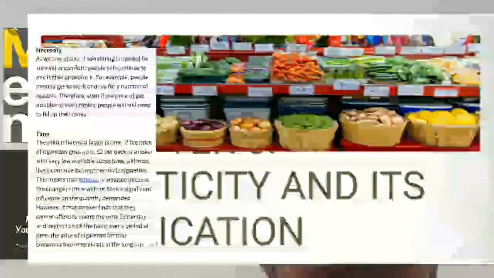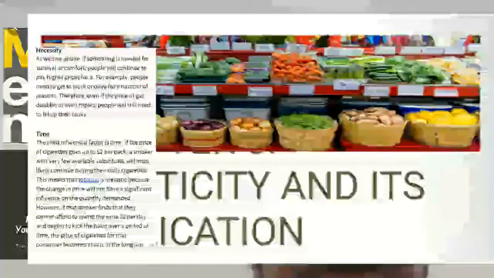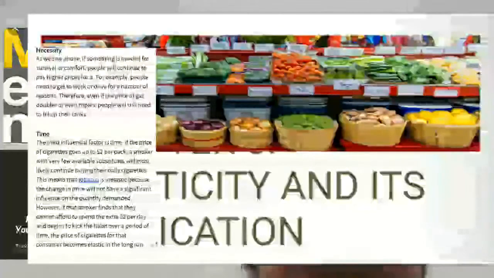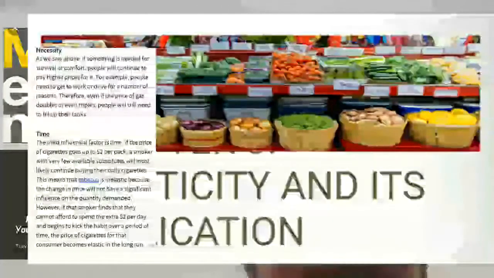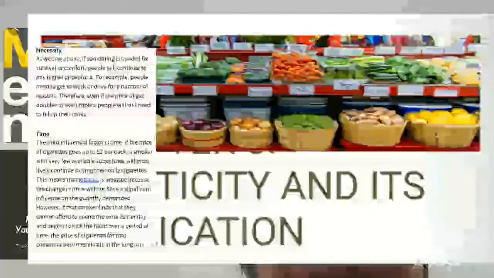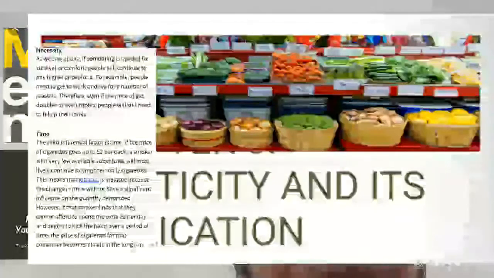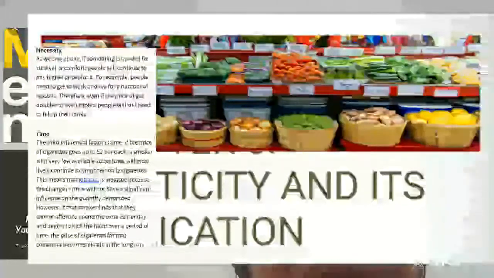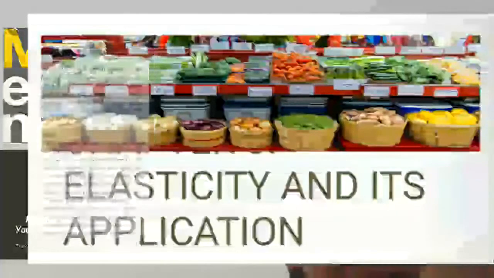Kasi nga wala na siyang substitute, it will become inelastic because the change in price will not have a significant influence on the quantity demanded. However, if that smoker finds that they cannot afford to spend the extra $2 per day and begins to kick the habit over a period of time, the price of cigarettes for that consumer becomes elastic in the long run. Okay, so yun ang mangyayari po.